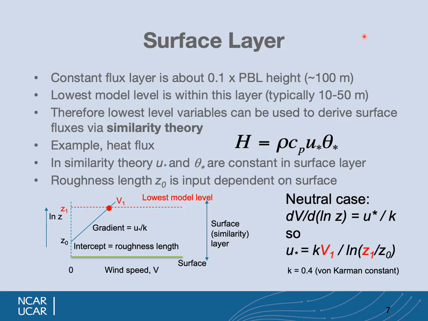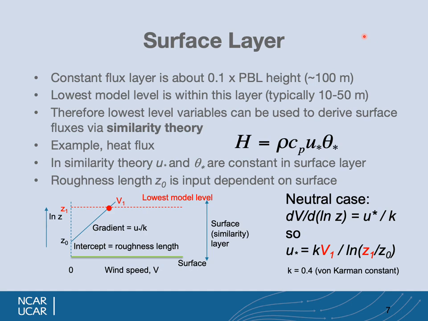The surface layer is a thin layer near the surface, about 100 meters thick or a tenth of the PBL height, and it's a layer where the flux is assumed to be constant and follows similarity theory. The lowest model level is usually within that layer, because it is typically 10 to 50 meters above the ground.